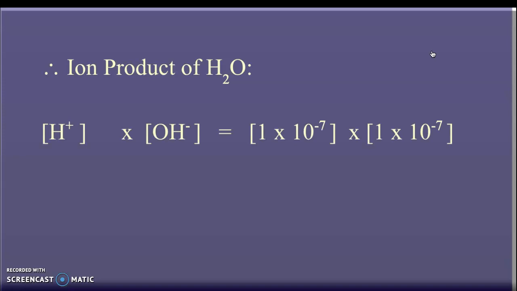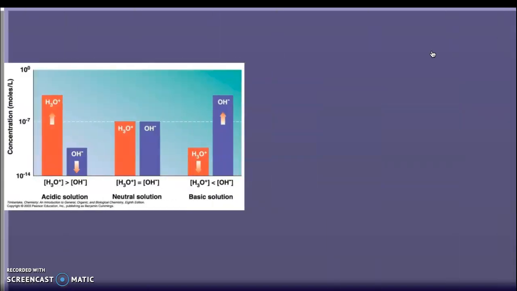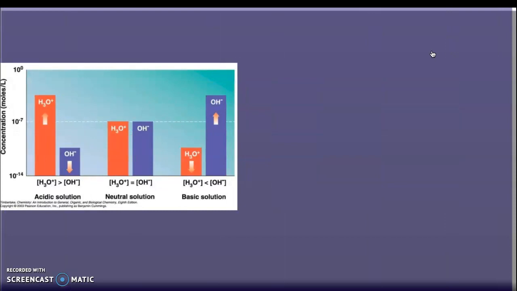And when it does that, you can take the product of the concentration of H plus ions times the concentration of OH minus ions, and you'll get this number, 1 times 10 to the negative 14. This is always going to be your concentration product for water. And this sort of relates to the pH scale, and you'll see that in a moment.